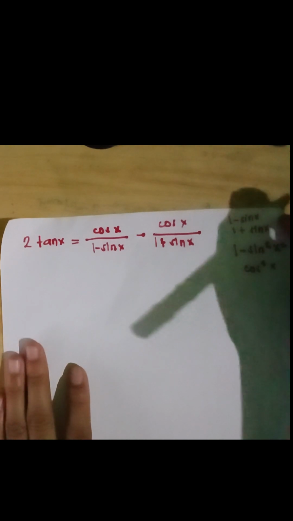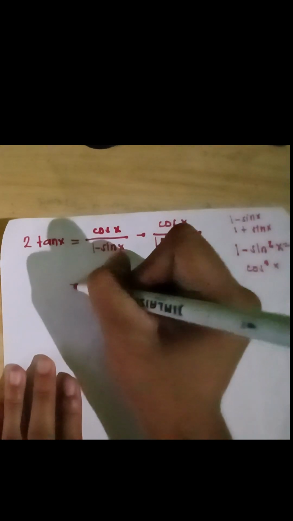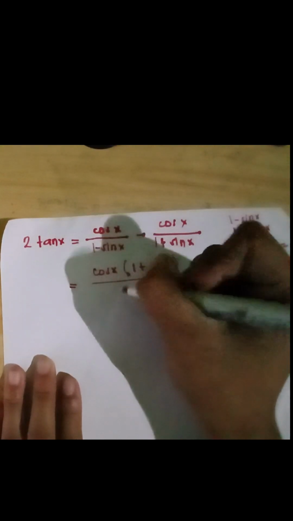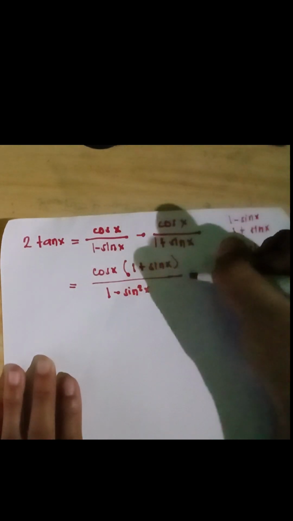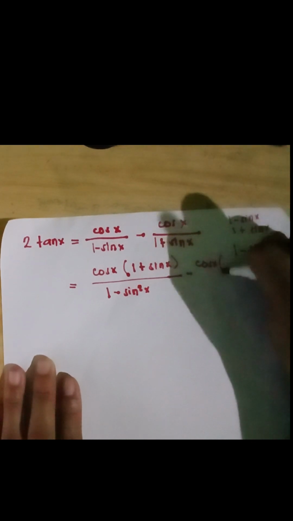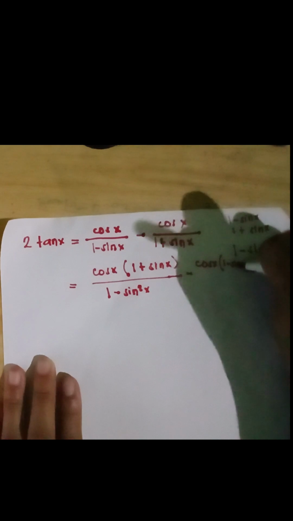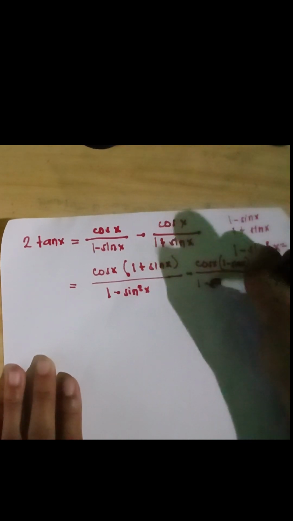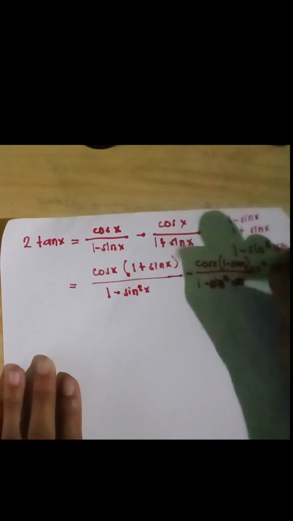So now let's rewrite the fraction. So we have here cosine x times 1 plus sine x over 1 minus sine squared x minus cosine x times 1 minus sine x over 1 minus sine squared x.